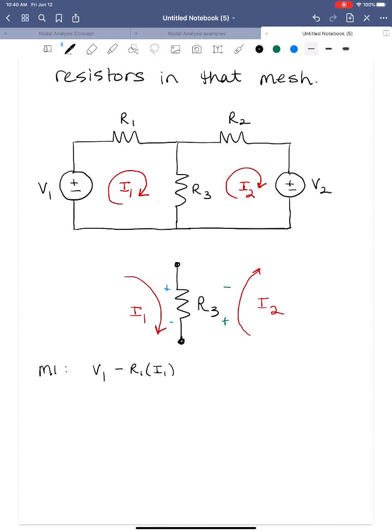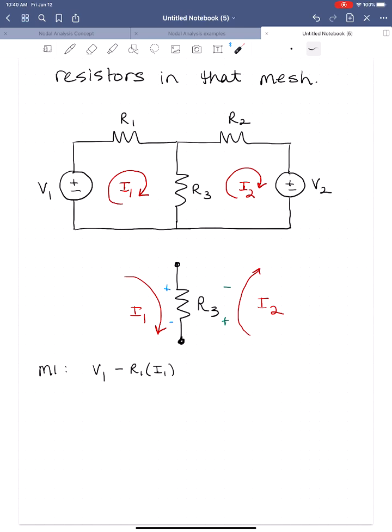Now, coming around to the R3 resistor, shared between two meshes, we're going to have a net current here. I still use the rule. I'm analyzing mesh 1, so I1 flows from plus to minus with respect to R3.